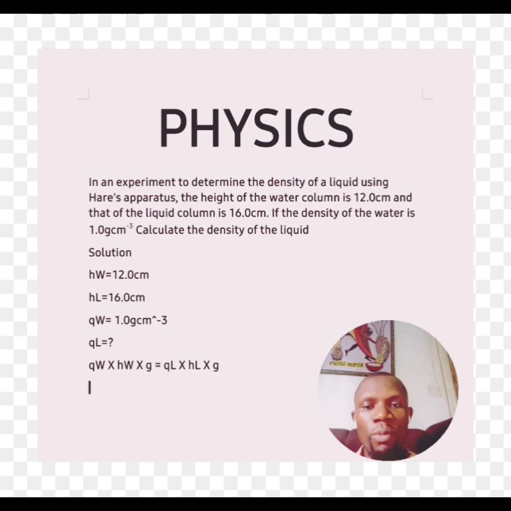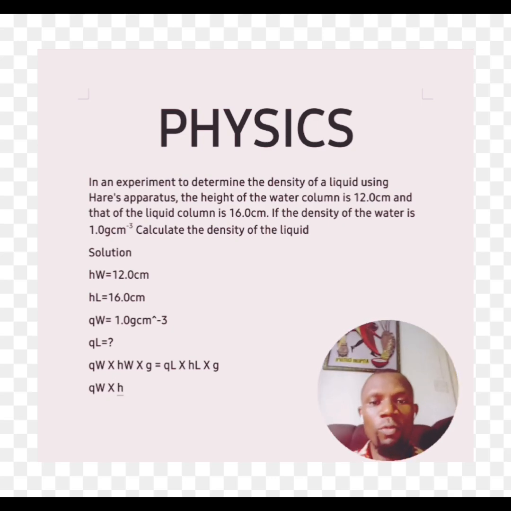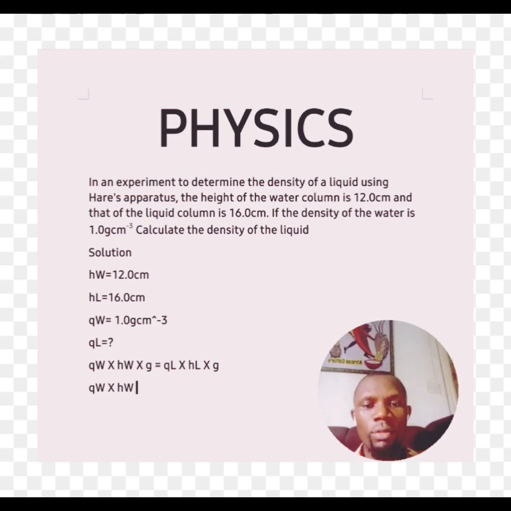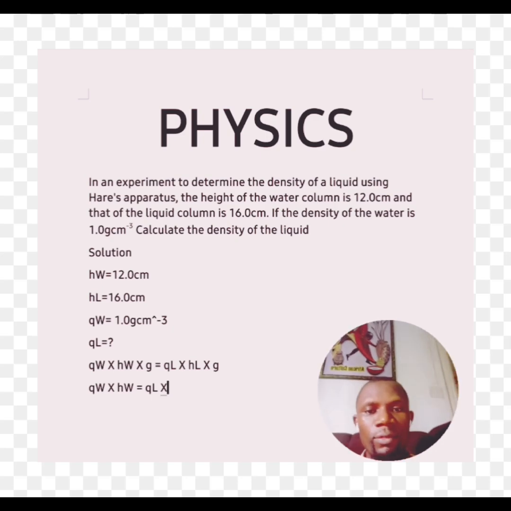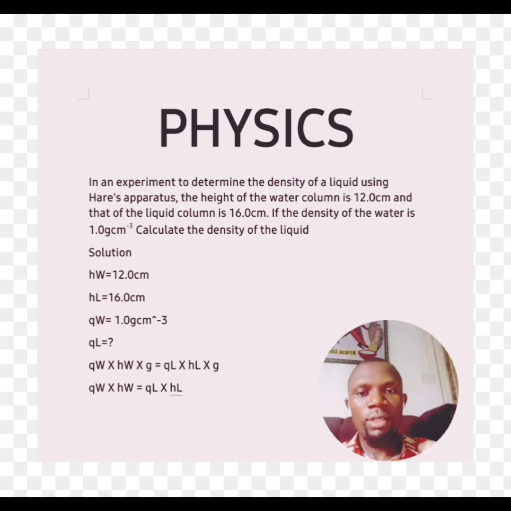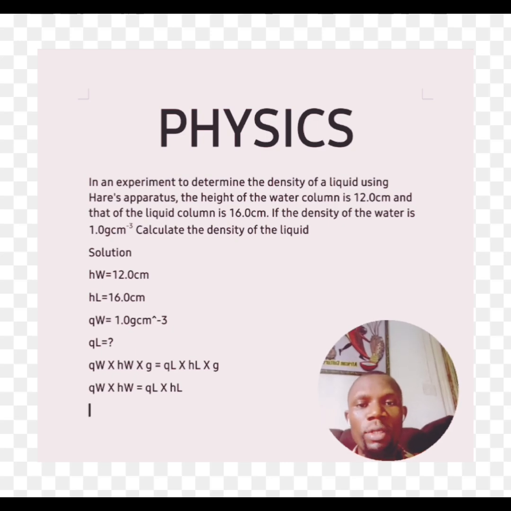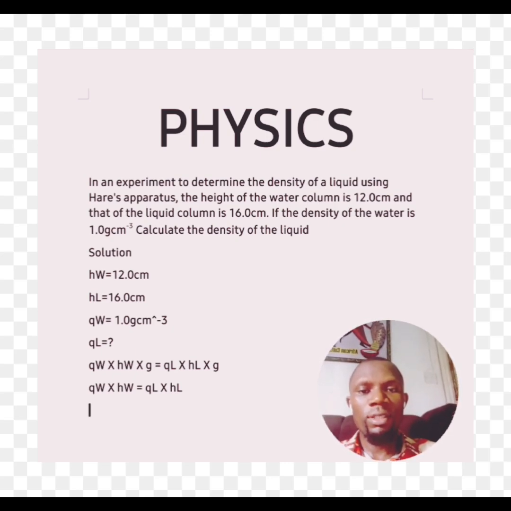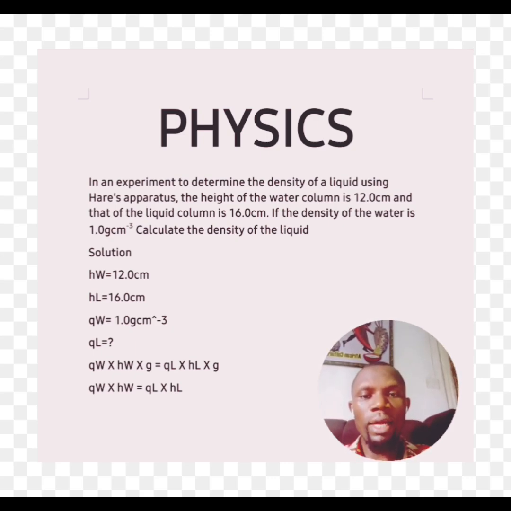So in doing that, I'll now have my density of water times my height of water is equals to my density of liquid times my height of liquid, because gravity cancels. So with this, what am I even looking for? I'm looking for my density of liquid. So the first thing I'm going to do right now is to make my density of liquid the subject of the formula. So I'll divide both sides by coefficient of density of liquid.